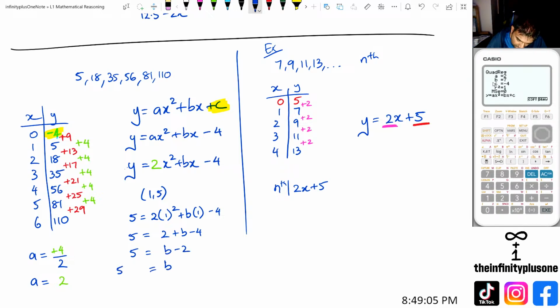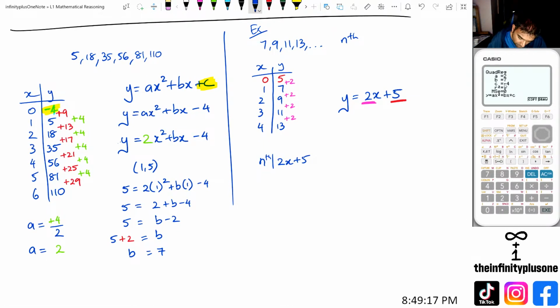When I rearrange this, I get 5 plus 2, and that gives me b is equal to 7. And if you look at the calculator, we've got b is equal to 7. So with that, we get our equation, which is 2x squared plus 7x minus 4. So that's the manual way of doing it. And then you've got the calculator way of doing it as well.